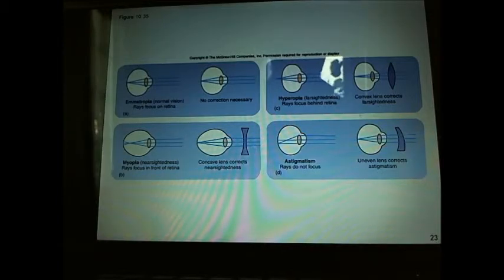As you grow older, the ciliary muscle, which constricts and changes the shape of the lens, weakens, and you get a condition we call presbyopia. Presbyopia, as my ophthalmologist said, if you're over 45 and you don't have reading glasses, you're kidding yourself.